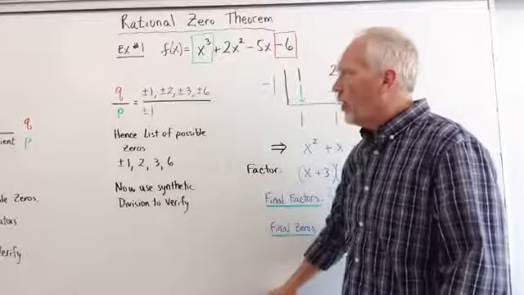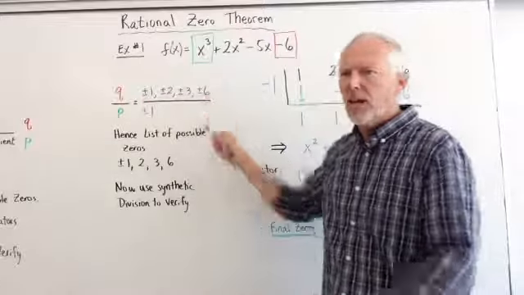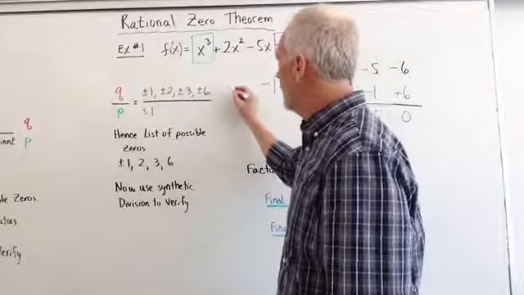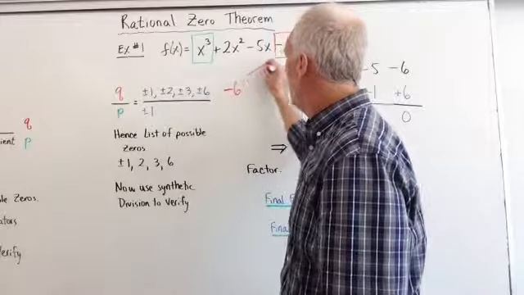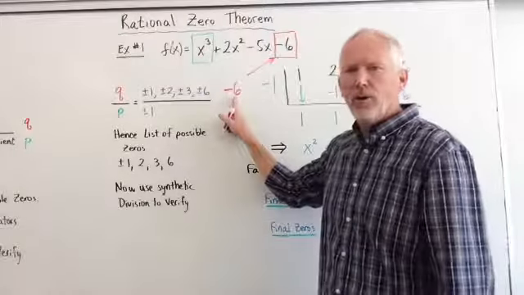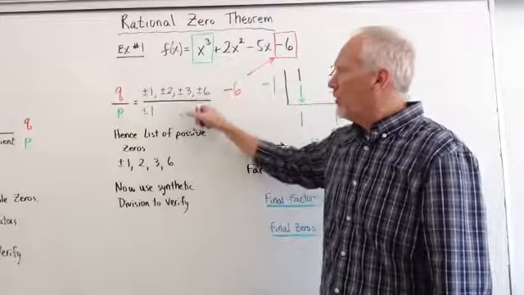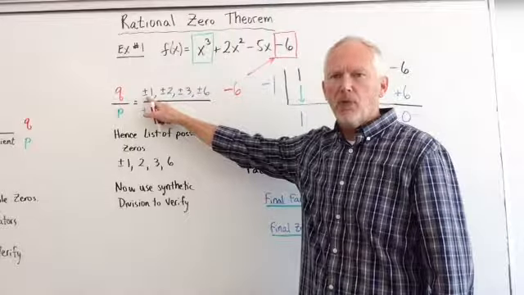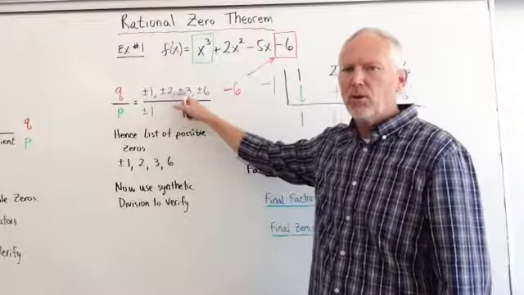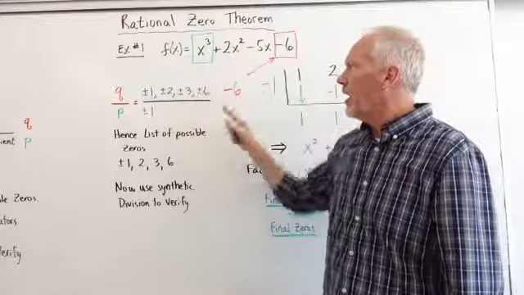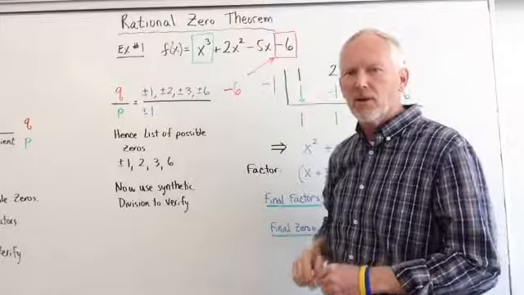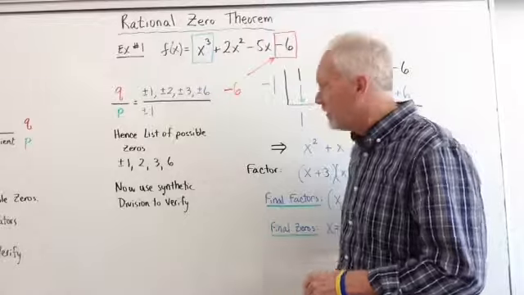So if our Q value is negative 6, then what are the factors of 6? Well, plus or minus 1, plus or minus 2, plus or minus 3, and plus or minus 6. Those are the factors of 6.